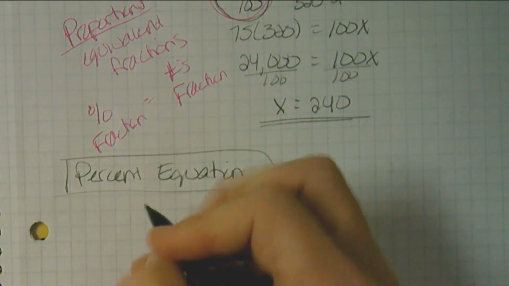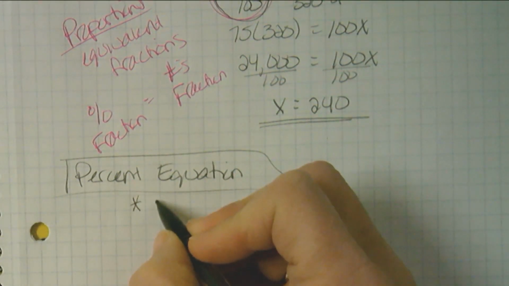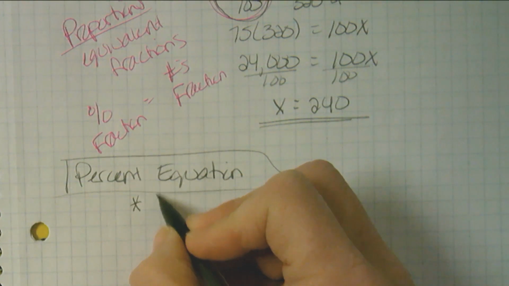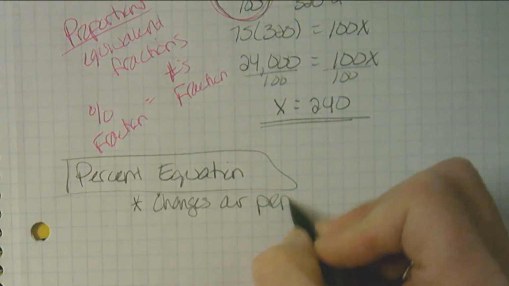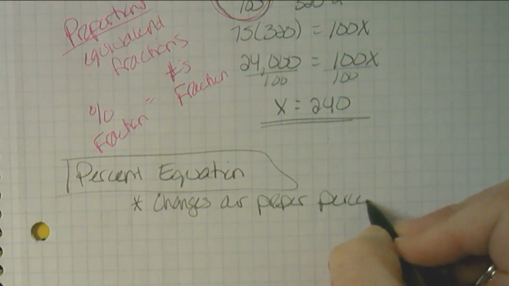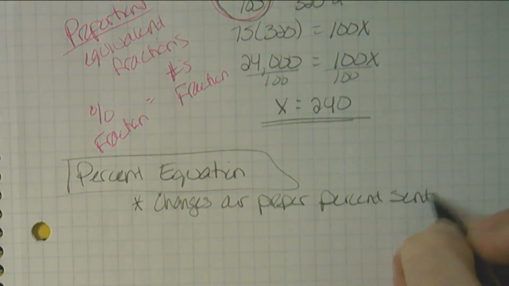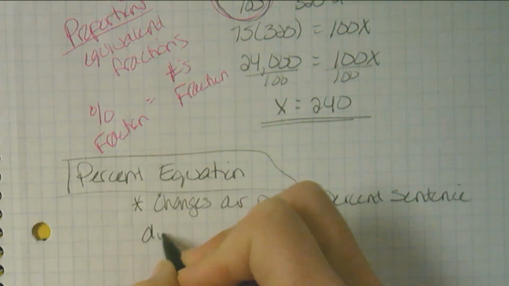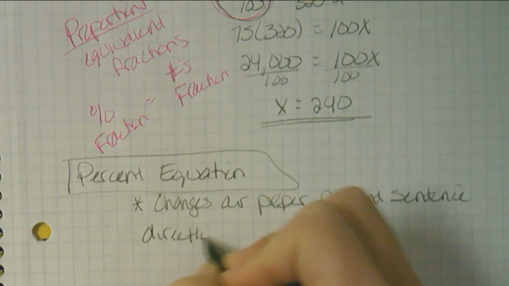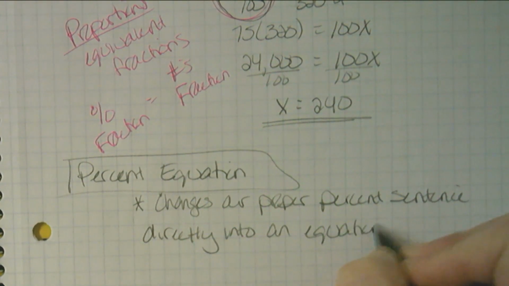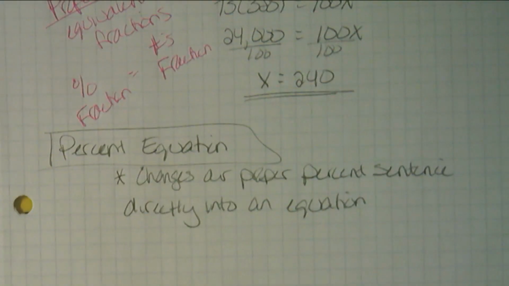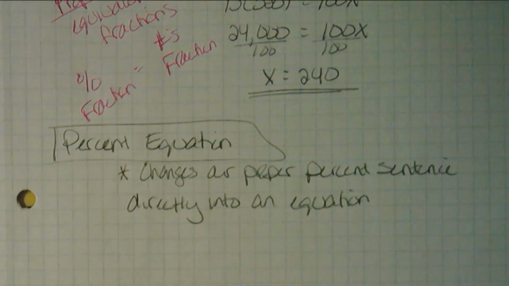Our percent equation changes our proper percent sentence directly into an equation. This is my preferred way of doing it, because then I don't have to think about is over of. We literally just take that sentence, and it is our game plan for our equation.